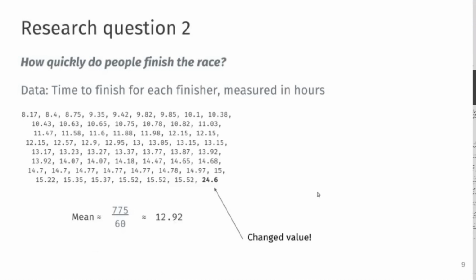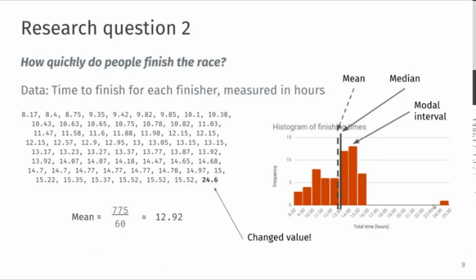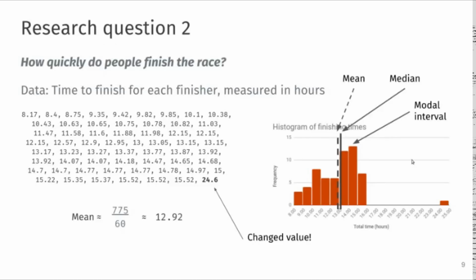So by changing just a single observation, our average time has gone up 1/10 of an hour, which in the grand scheme of things maybe is not so much, but it does illustrate how, unlike the median and the mode, the mean is very sensitive to changes in the underlying data.